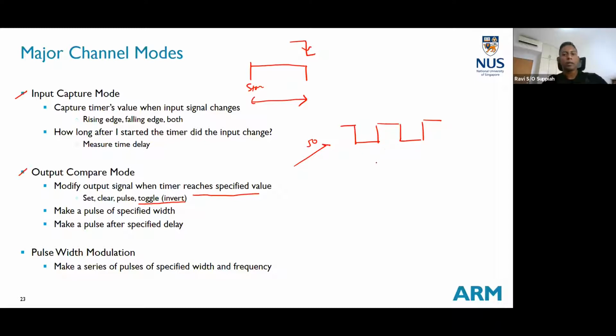But if I want a different type of duty cycle, then it becomes a bit more tedious, because I need to keep modifying the value to know when to toggle. Correct. All right. So output compare mode is another way in which you can still generate a PWM signal, but it's a bit more tedious if you have different duty cycles.